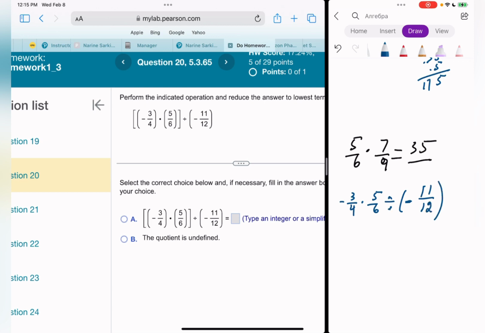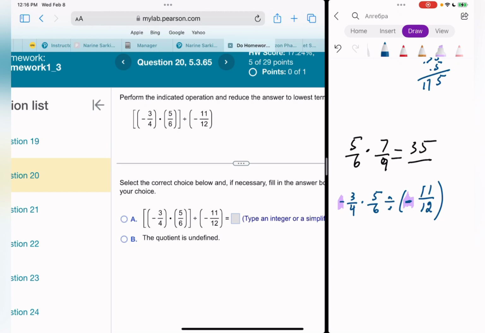Okay, that's what it is. Since I have one negative here and another negative there, the rules for multiplication and division are the same. Two negatives always give a positive, so we can forget about negative signs. So practically we multiply 3 over 4 by 5 over 6 and divide by 11 over 12.